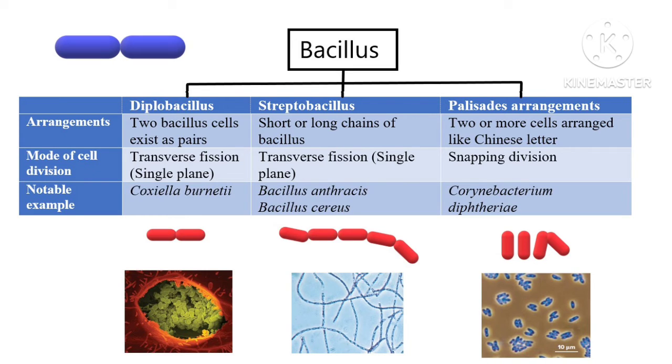The cells tend to fold back upon each other, forming a row of cells oriented side by side. Look at this picture. These arrangements, referred to as Chinese letter or picket fence arrangements, are distinctive and help in the identification of Corynebacterium diphtheriae in clinical samples.